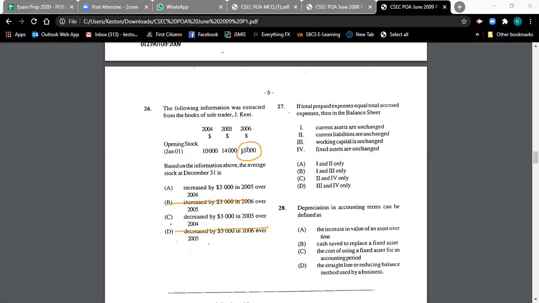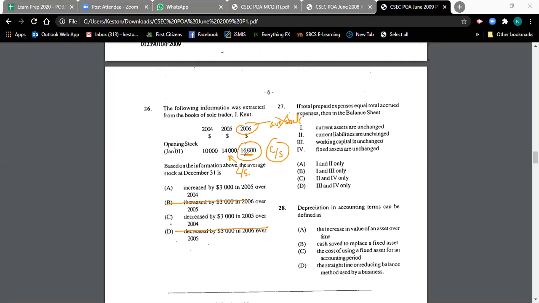This opening stock in 2006 is really the closing stock from 2005. Right, you do have a closing stock for 2006, so you can't work out the average stock for 2006, right? That can't happen. So anything we're talking about is 2005.